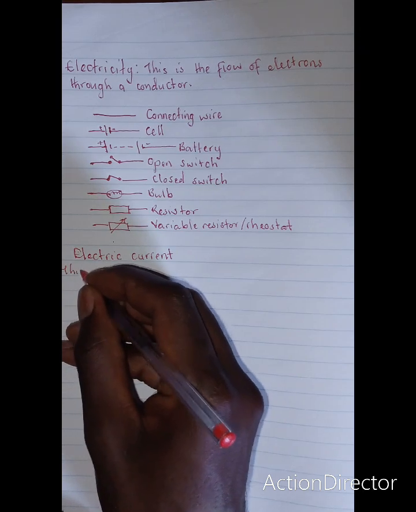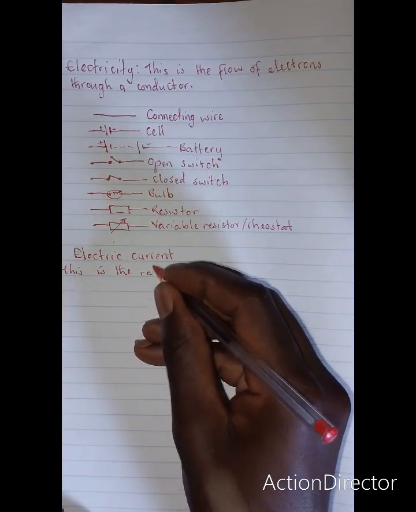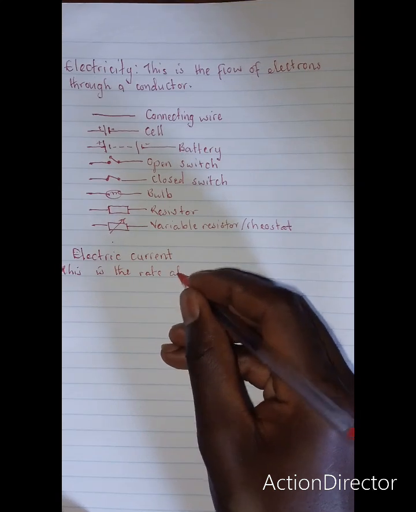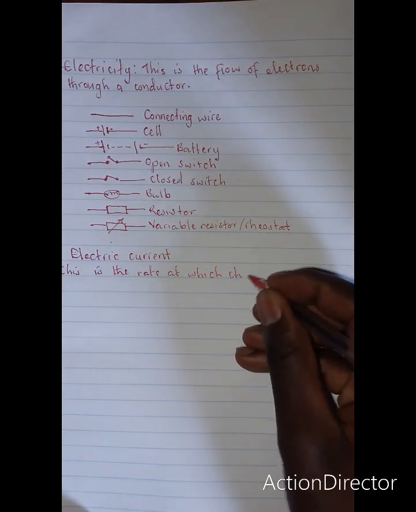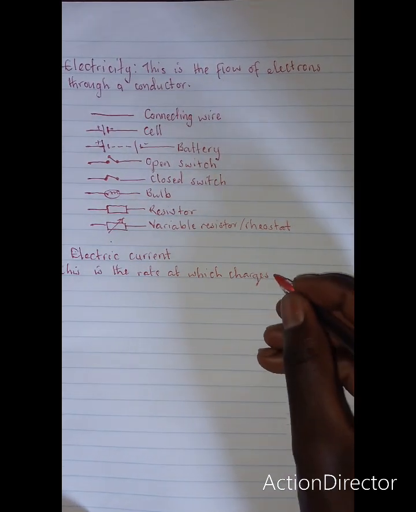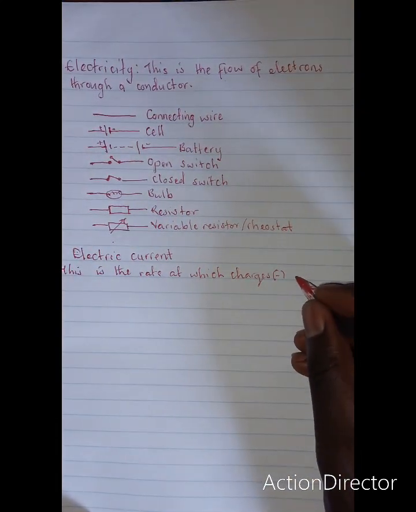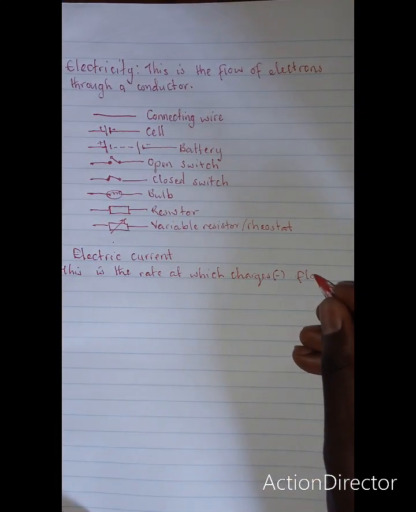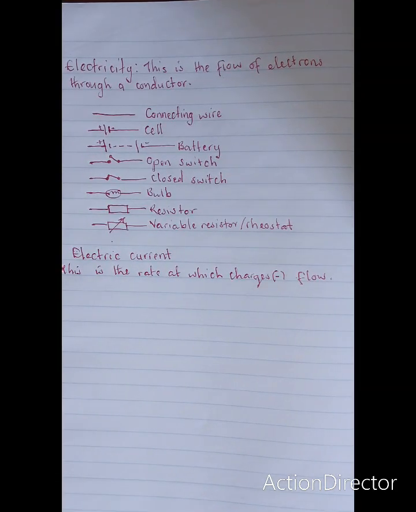This is the rate at which charges flow. The charges we're talking about here are simply electrons, the negative charges. That is the simplest definition of what electric current is.